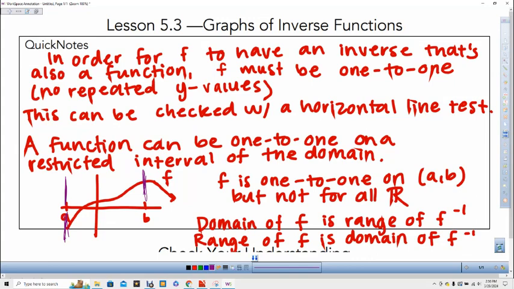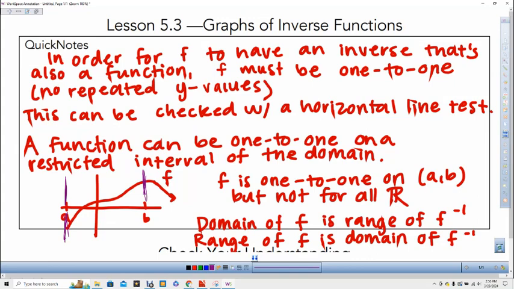There are going to be situations we'll look at in the not too distant future where it becomes an absolute must that we limit the domain we're looking at for the function so that its inverse is also a function. Now remember, when we're talking about inverses, the x and the y are changing places.